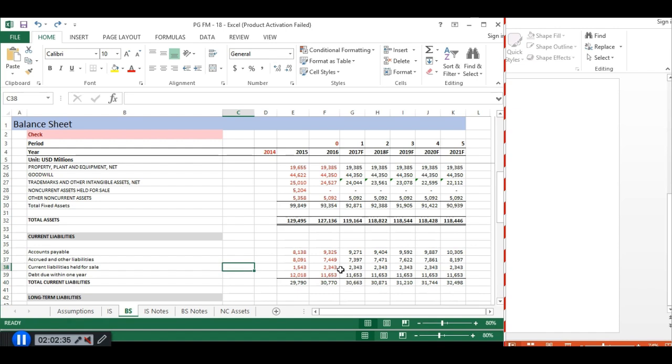If you transfer that liability to another party, or you enter into a contract with a bank through which you transfer it, that is, you get some money and sell it to the bank, then that would become your liability held for sale. So any liability which you wouldn't be paying by yourself but you are planning to sell can be a current liability held for sale. That is the general idea.